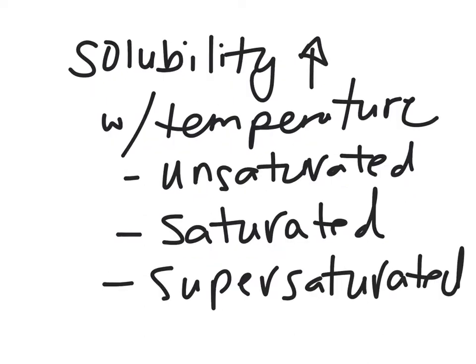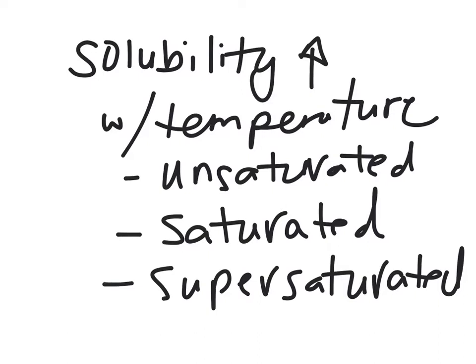So you can change how much of a solute dissolves in a solvent. You can increase its solubility in a few different ways, one of which is increasing the temperature. So as you increase the temperature, you increase solubility. So the hotter the solvent is, the more solute can dissolve in it.